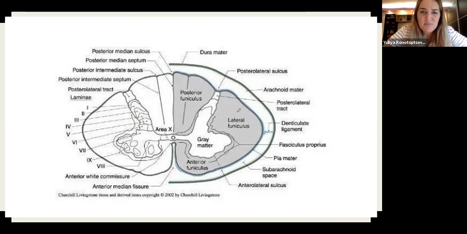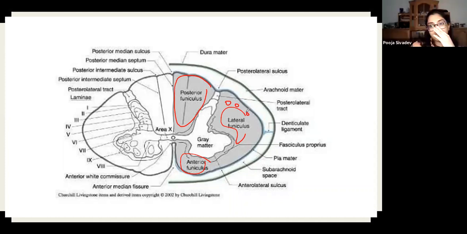So on this picture, we are looking at the functional classification of the spinal cord's gray and white matter. You remember that white matter is organized into the posterior, lateral, and anterior funiculi. Funiculi consist of tracts. What is another name for tract?